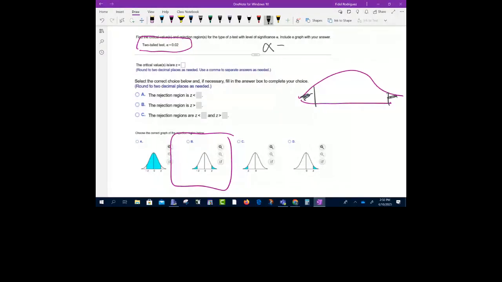Do y'all see how the alpha here is 0.02? That alpha is over both pieces. So that means the area in those spots is actually 0.01. If I wanted to find those z-scores, do you guys agree they're going to be the same number, but one positive and one negative? How would I find the area to the left here?